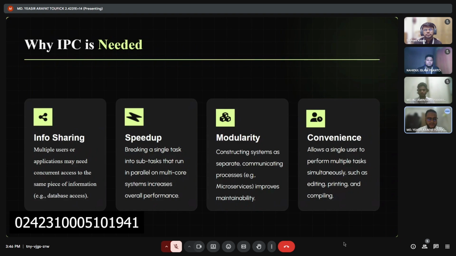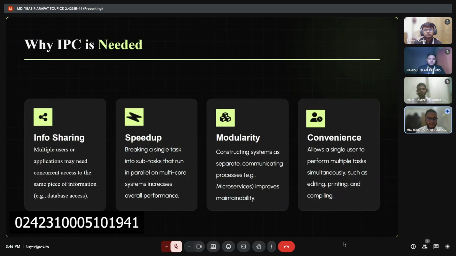Modularity. It allows us to build systems like Lego blocks. If we build a system with separate communicating processes, like microservices, it is much easier to maintain and debug than one giant block of code. And then convenience.